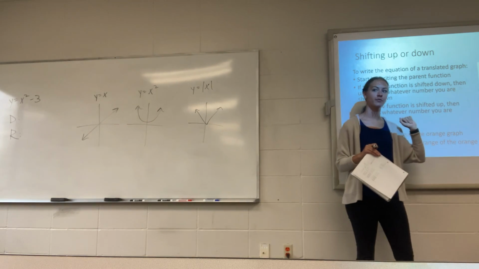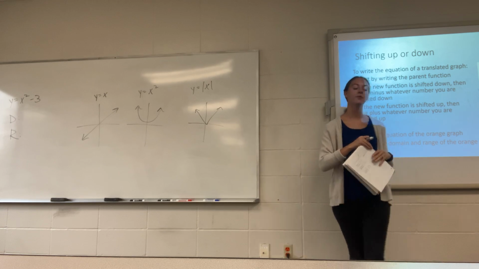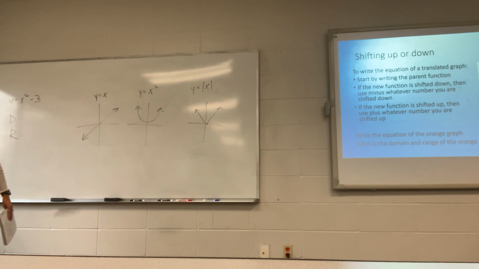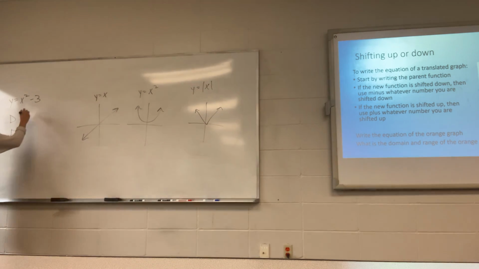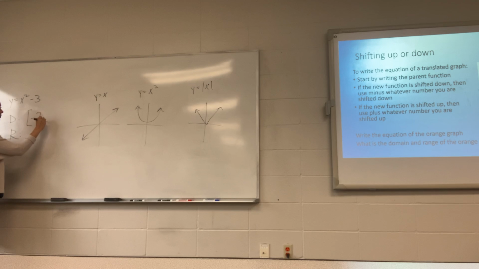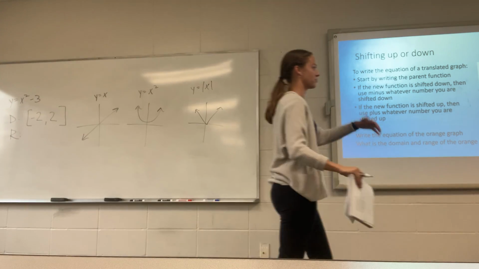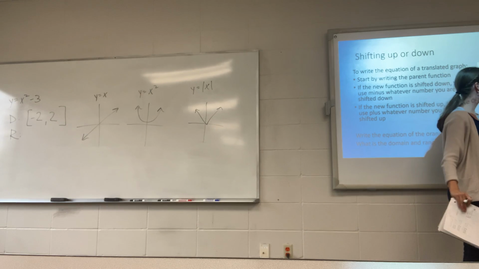What's my farthest left point? Maybe -2. Okay, and where do I end? 2. Okay, do I want brackets or parentheses? Brackets? I do want brackets, yep, because they're filled in points. So I would go from -2 to 2, just like that. So that's my domain: your farthest left point to your farthest right point, -2 to 2.